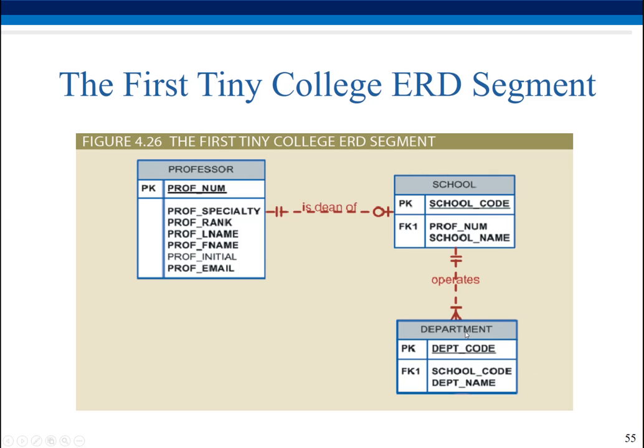So in our particular case, we're going to look at department as a major. Again, we have a primary key, and then we have a foreign key, which is the school code. So each department has to be associated with one and only one school. However, a school itself can have many departments.